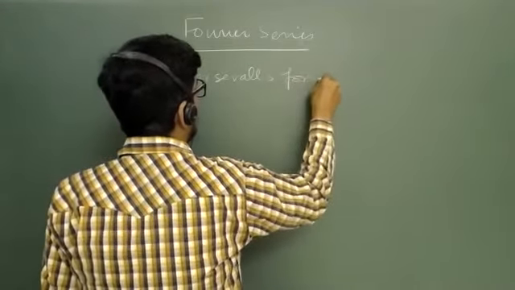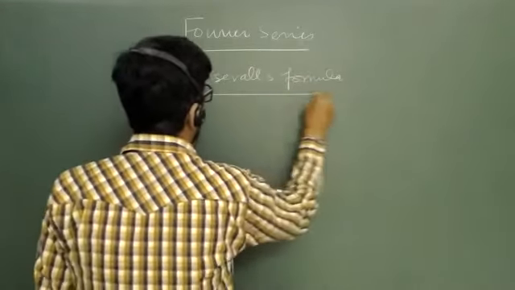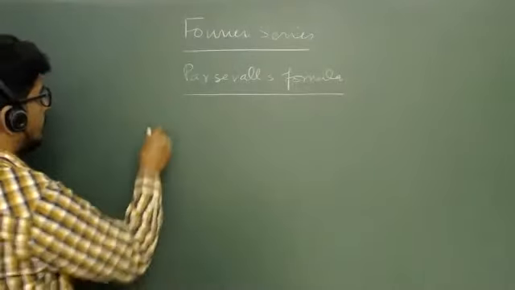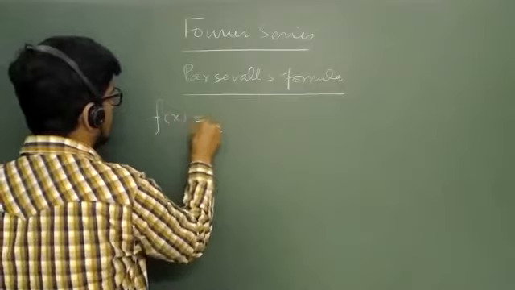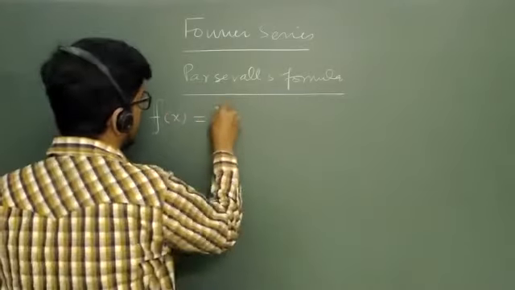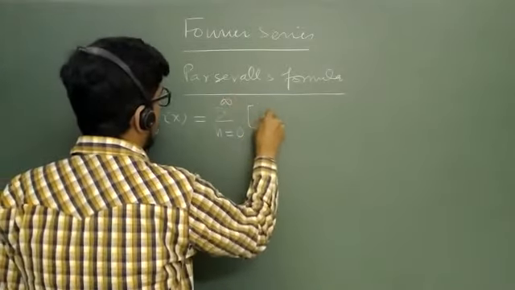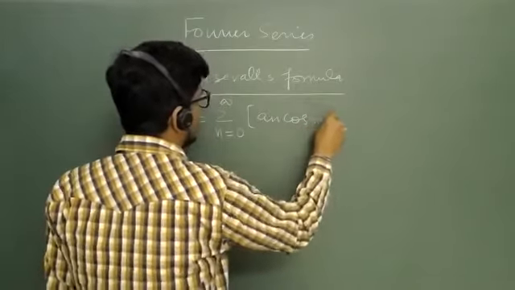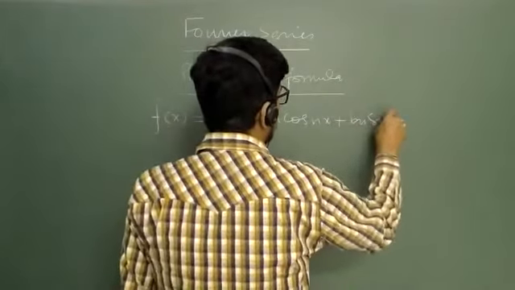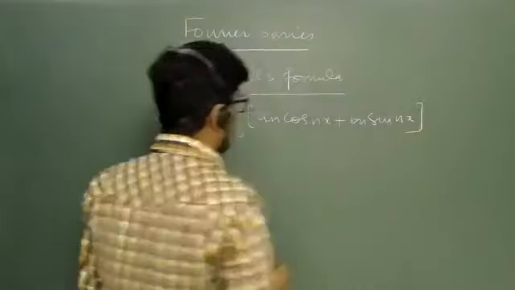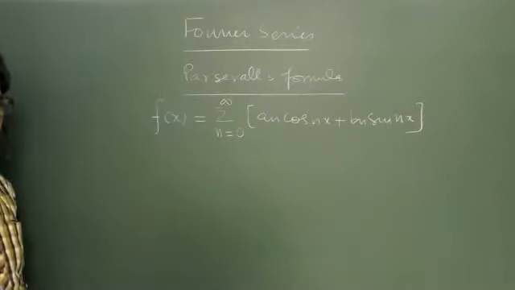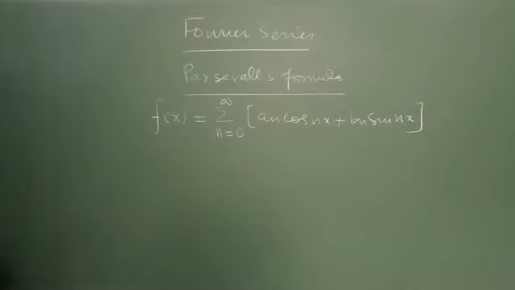If you have a function, say f(x) is equal to summation n is equal to 0 to infinity of a_n cos nx plus b_n sin nx.